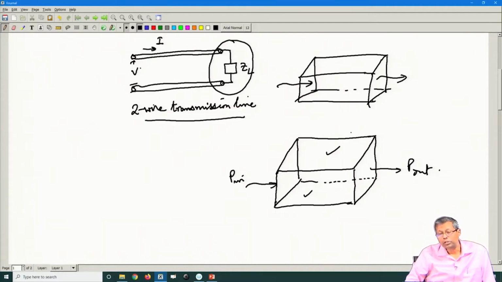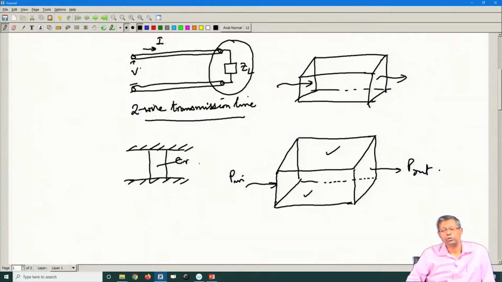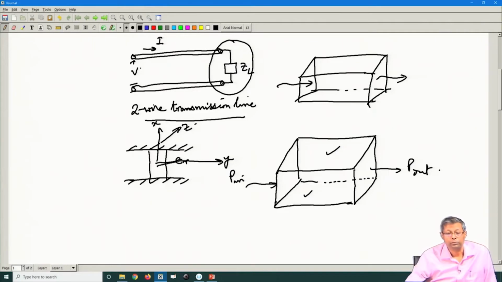In such a situation, we cannot invoke the transmission line concepts because of the imposition of boundary conditions on the two transverse walls of the waveguide. A more complex scenario may emerge if I insert, for example, a dielectric rod in between the two parallel plates of the waveguide. If this is a PEC and this is a dielectric strip, and this is my z direction, this is my x, that is my y.